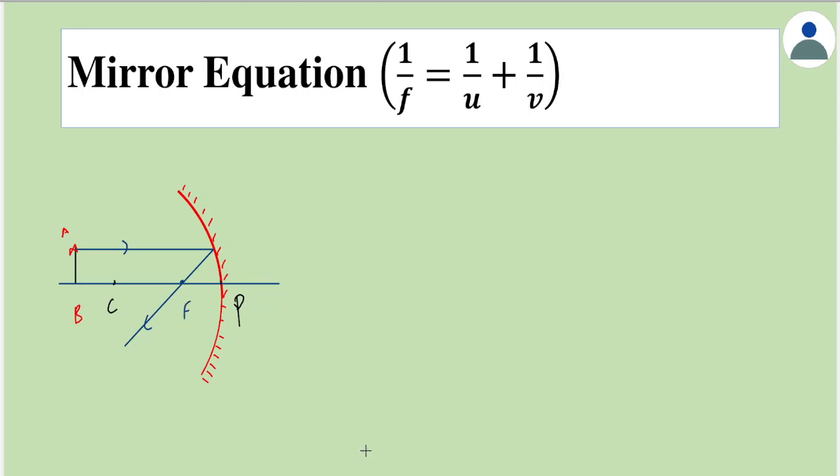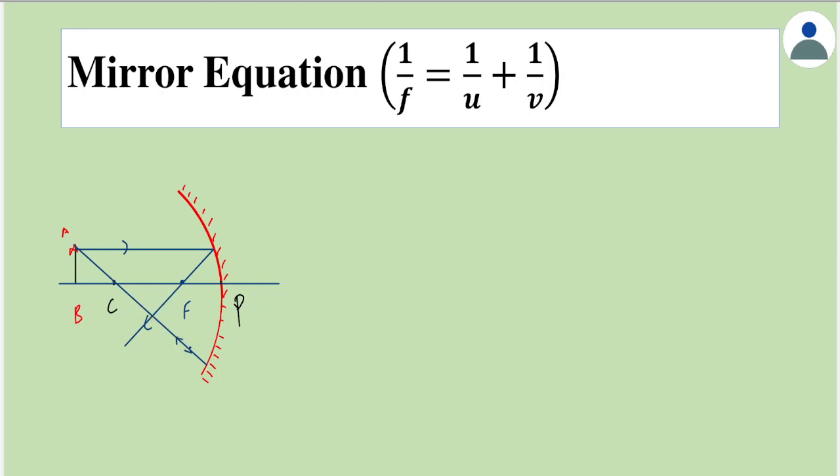To get an image, we need at least 2 light rays. We'll take one more light ray which starts from point A and passes through the point C. Since it is falling along the normal, this light ray after reflection would retrace its path.